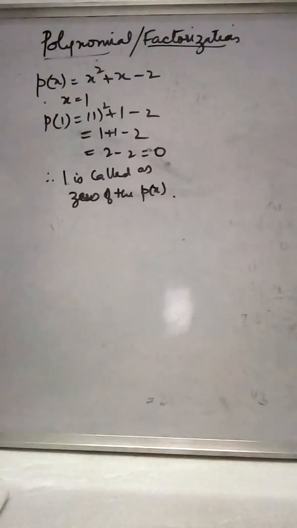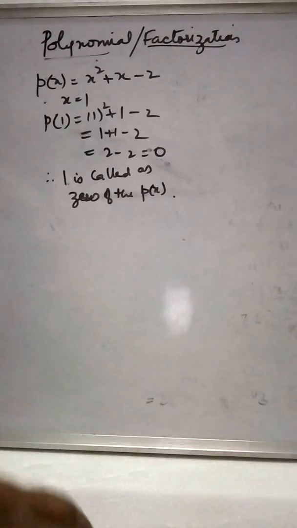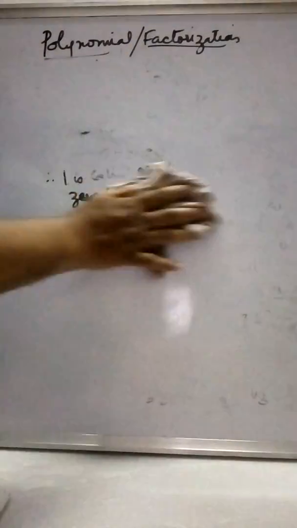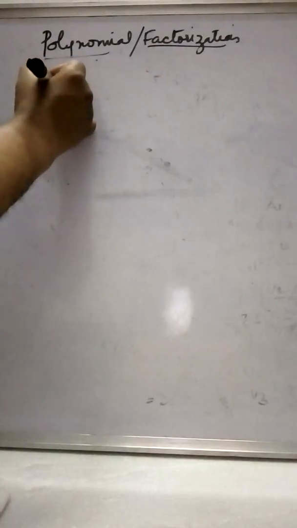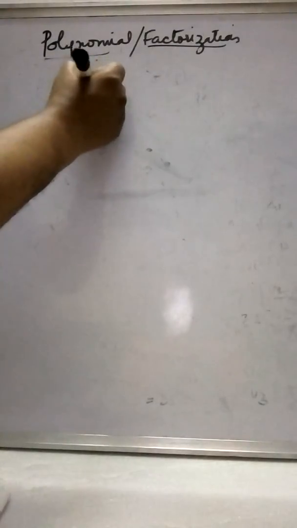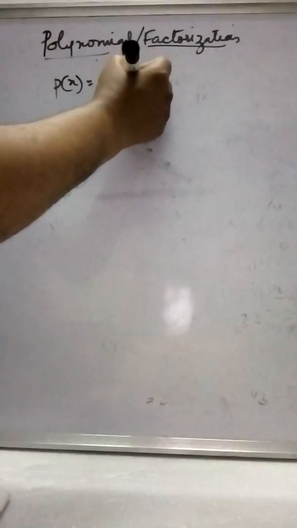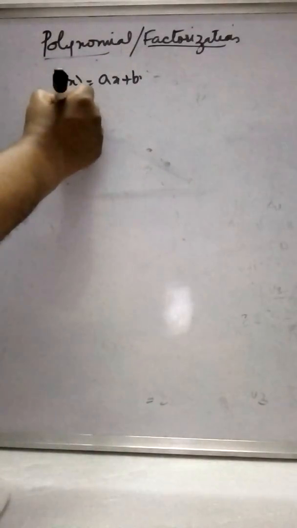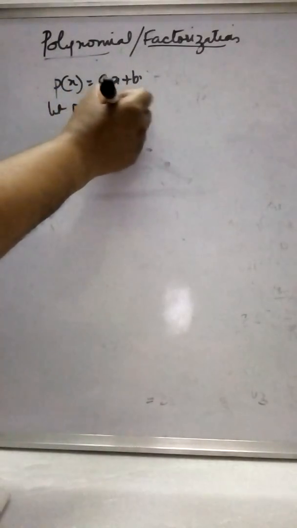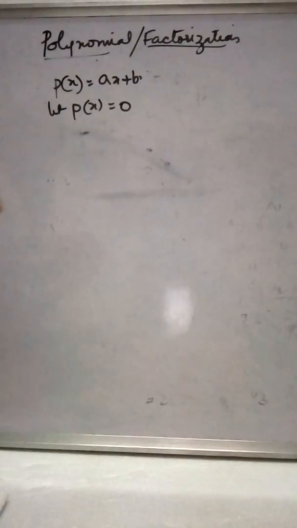Now we will see how to find a 0 of a linear polynomial. See, if I have p of x, this is a polynomial, equal to ax plus b. Suppose p of x is equal to 0.